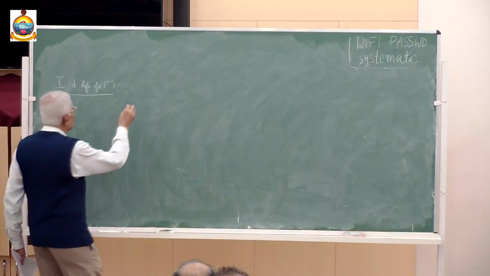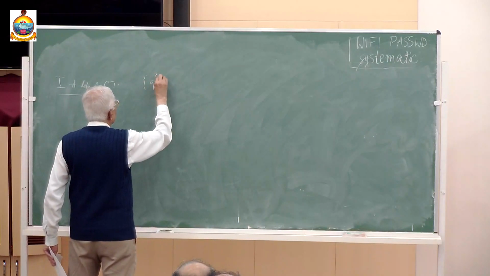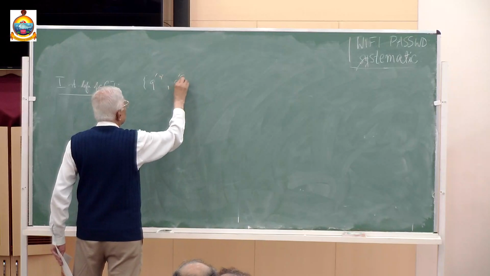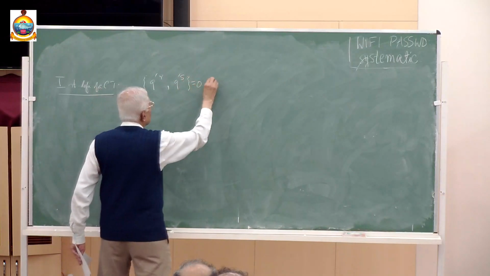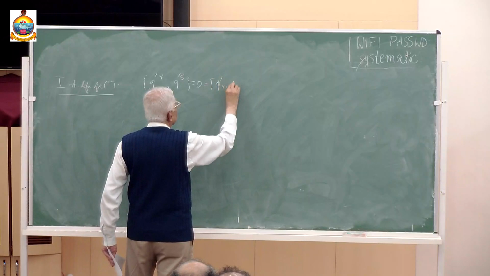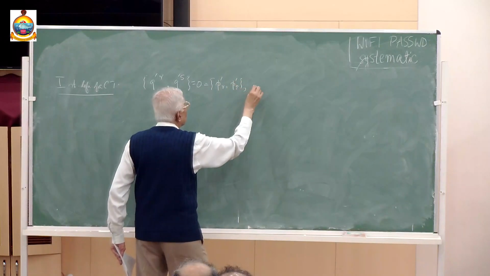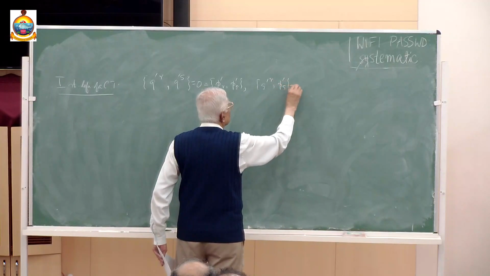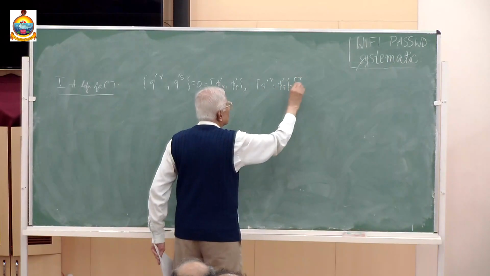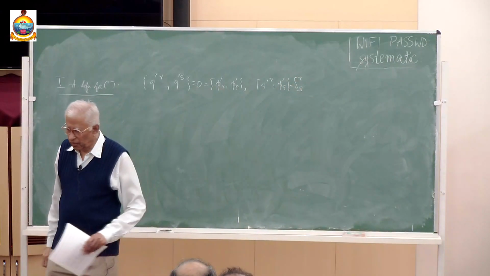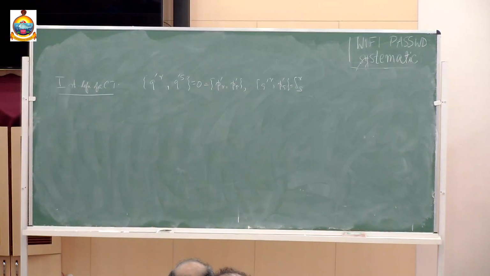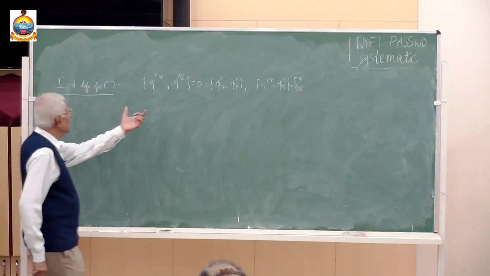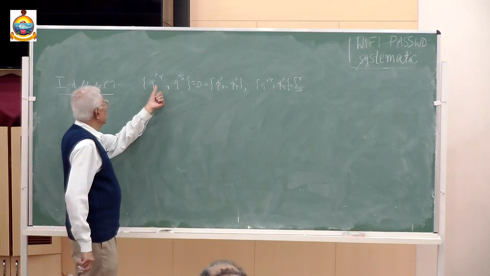Then the conditions are that q prime r, q prime s equal 0, and so on. In these equations, the fundamental Poisson brackets must not change their values. So, it is understood how you are to calculate these Poisson brackets.